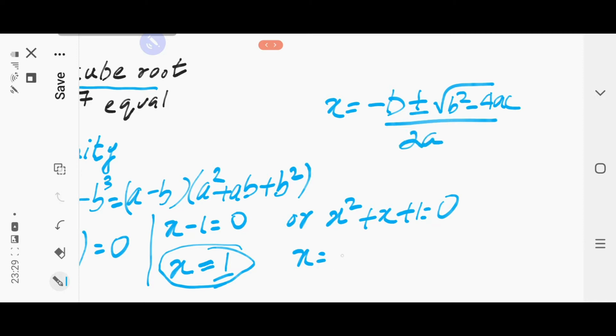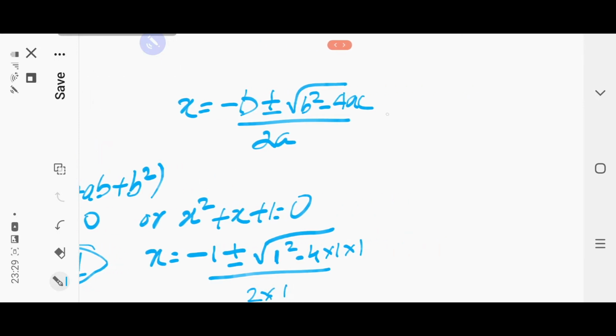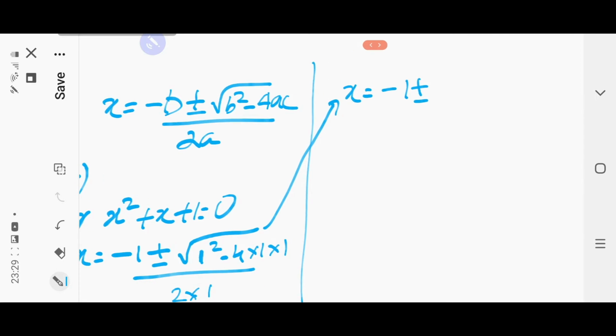Here it is minus 1 plus or minus root of 1 square minus 4 into 1 into 1, the whole divided by 2 into 1. 1 square is 1 minus 4 into 1 into 1, that is 4, divided by 2.